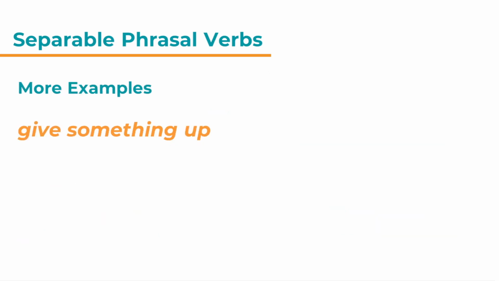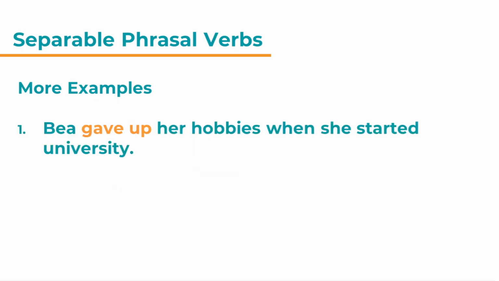Let's look at some more examples. The phrasal verb to give something up. This means to stop something. And remember, give is irregular. To give, gave, given. Here's an example sentence.